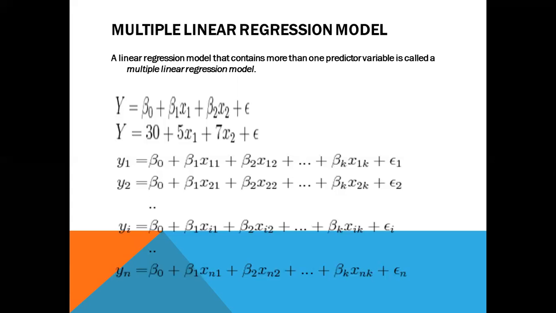But here in the multiple linear regression, it is just a logical extension of the simple linear regression. It has several explanatory variables, that is, several independent variables to predict the outcome of an output variable.